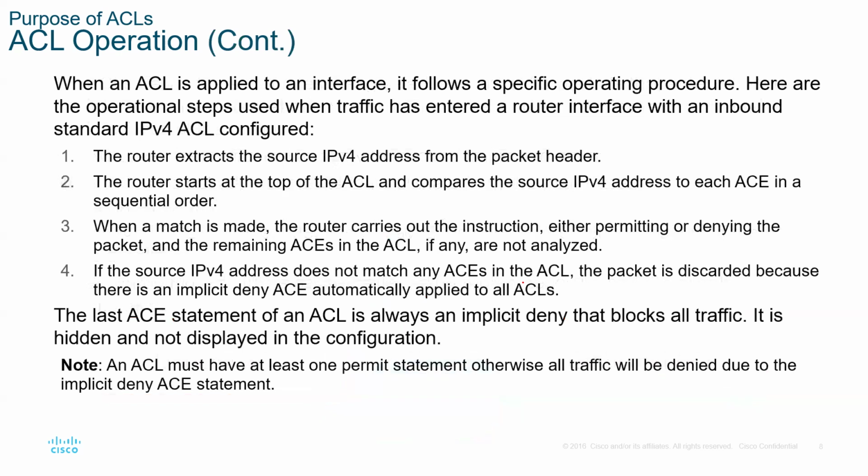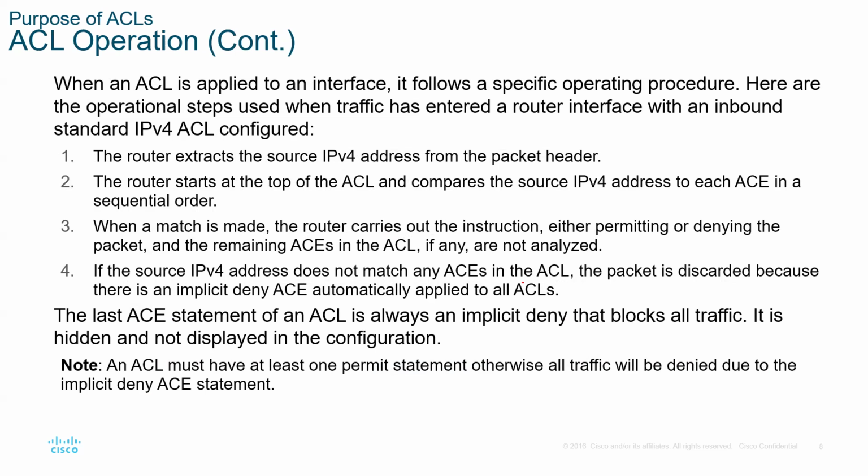When an ACL is applied to an interface, it follows a specific operating procedure. One, it extracts the IP address. Two, it matches, basically compares the contents of the packet, the IP addresses, with the ACE.